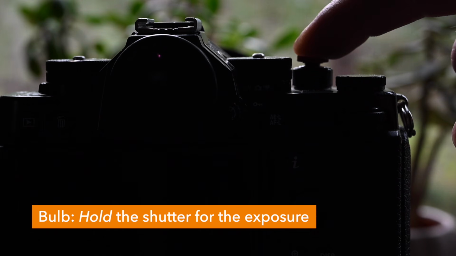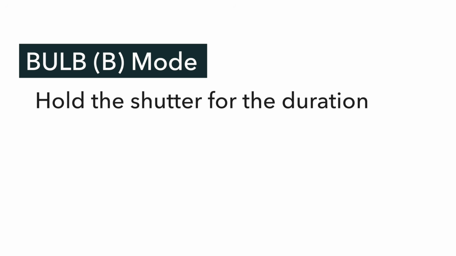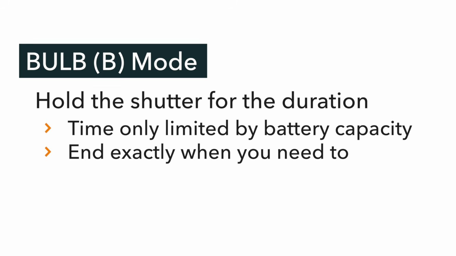You're going to hold the shutter for as long as you want that exposure to happen, and then once you release the shutter, that exposure will end. This is good for exposures of any length where you need to have a specific end time for the exposure, but it does require holding that button the entire time.